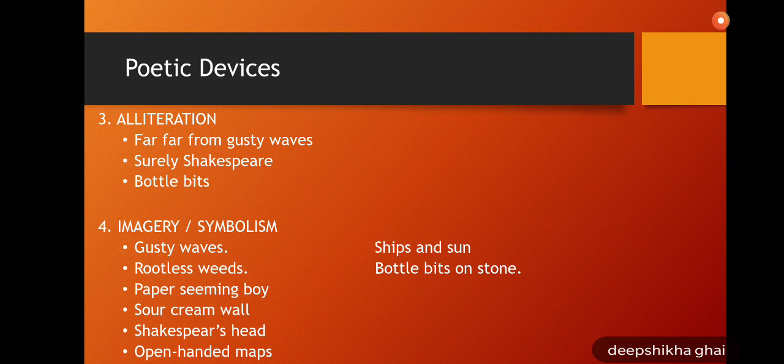Apart from comparison, the poet has also used alliteration: far, far from gusty waves, surely Shakespeare, bottle bits, and also beautiful use of imagery and symbolism. Gusty waves is the symbolism used for the luxurious life of the city.